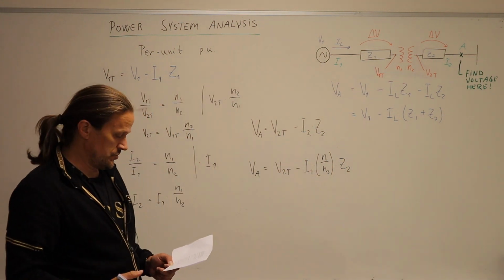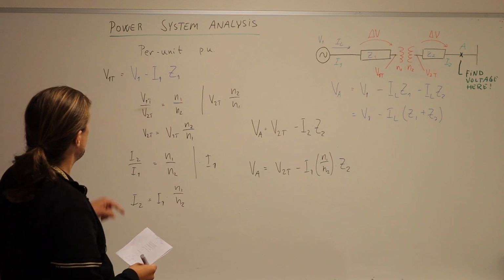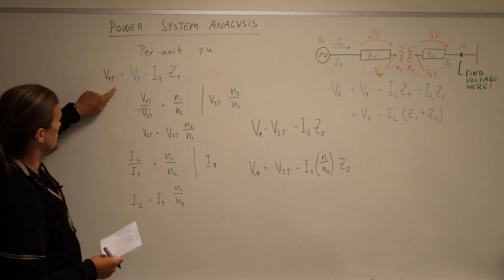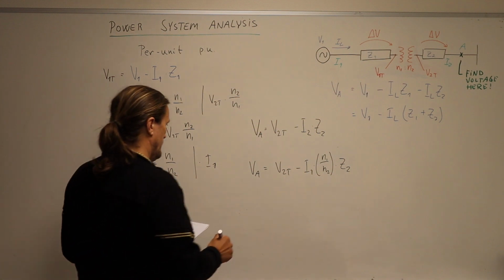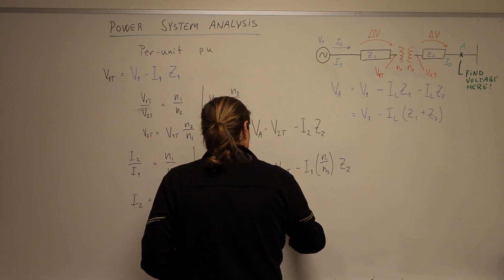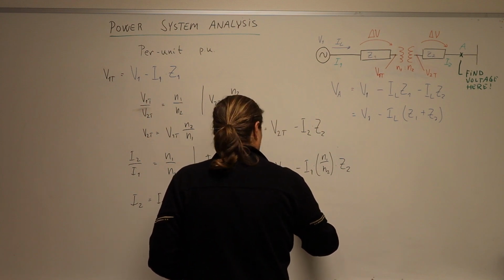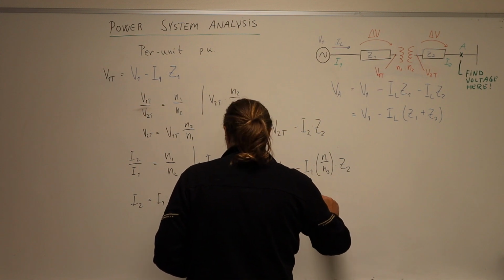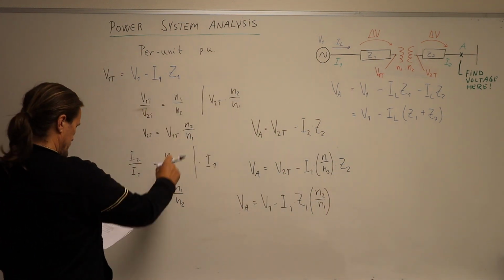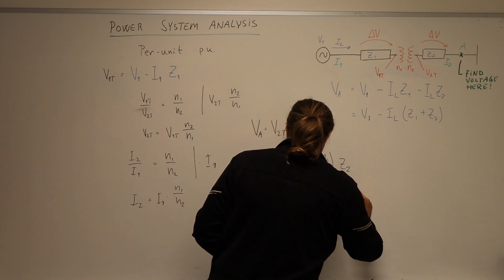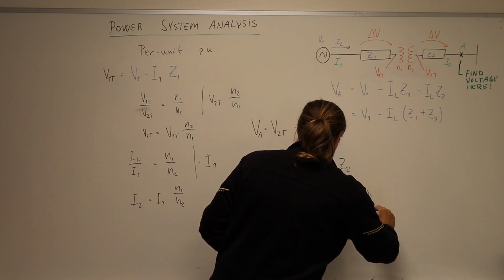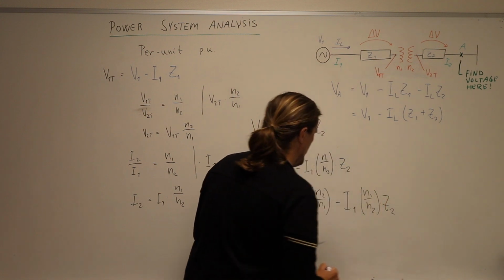And then the last thing we are going to do is put in this relation for V2T. So that means that at the bottom stage, VA is equal to V1 minus I1 times Z1, times N2 over N1, since that's coming from this point. And then we have minus I1 times N1 over N2 times Z2.